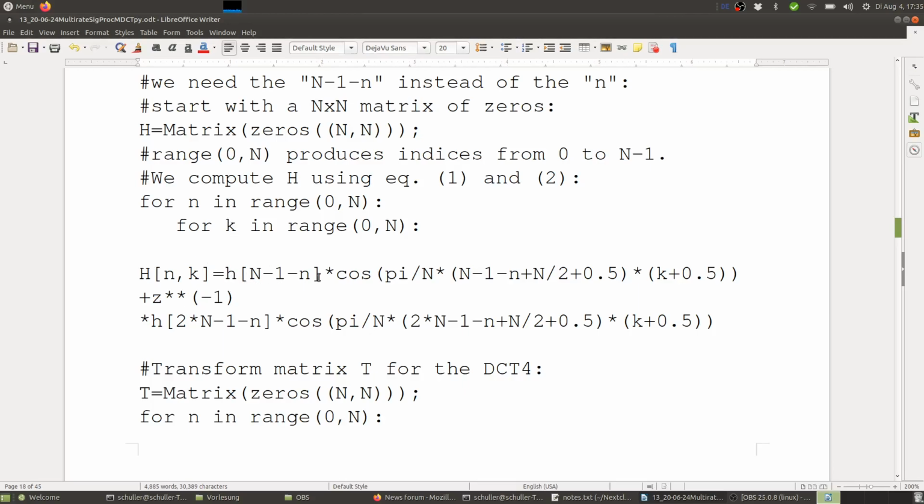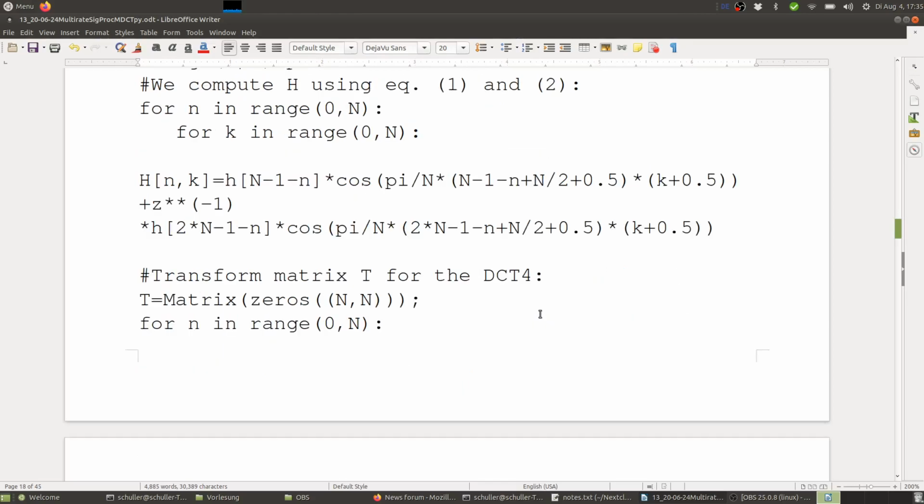Here we have the baseband prototype, and here's the modulation function, the cosine of pi over n times lowercase n, time-reversed, plus n over 2 plus 0.5, and here k plus 0.5, plus z to the minus 1, and here comes the next block, right? Next block of our prototype and next block for the cosine modulation. So this basically generates our polyphase matrix.